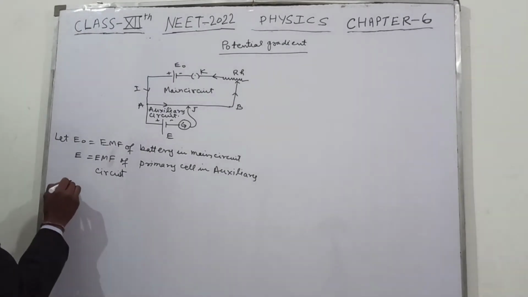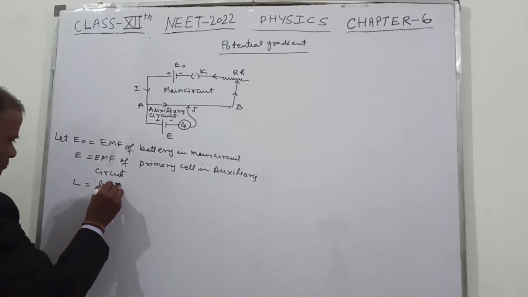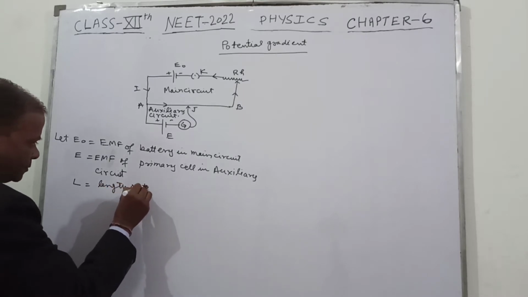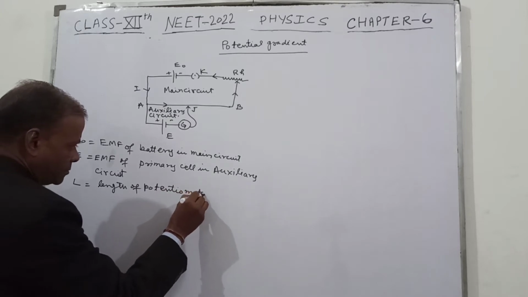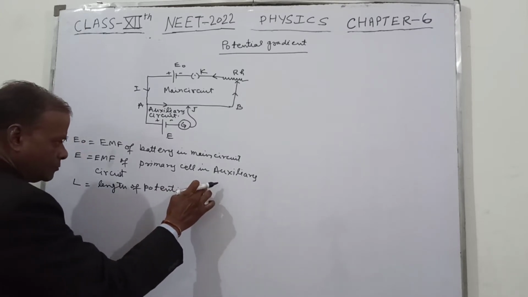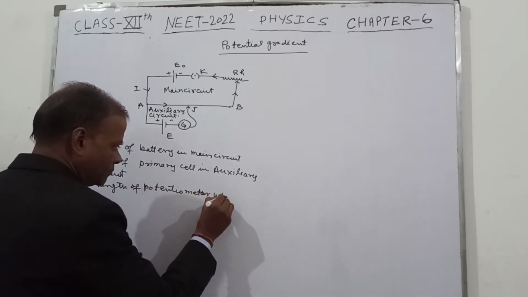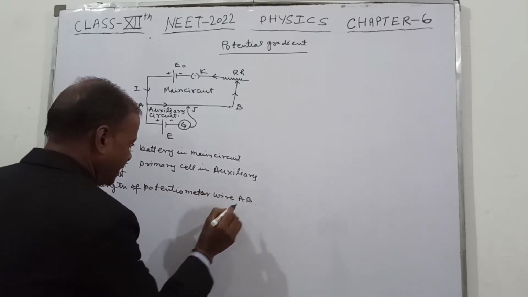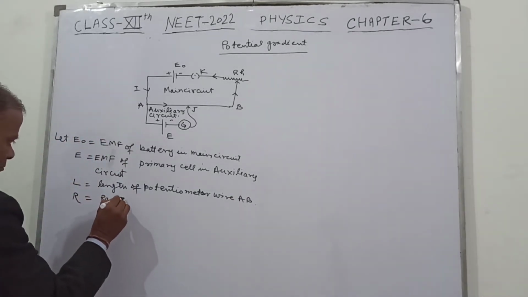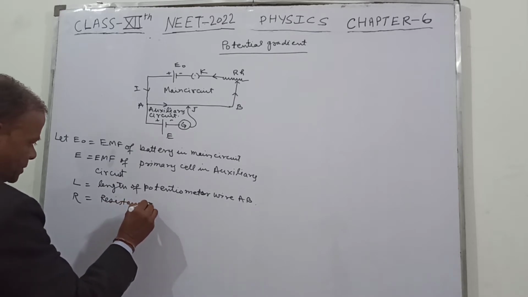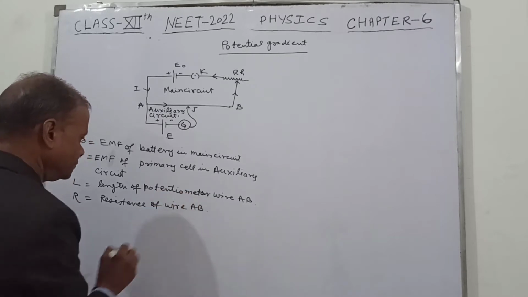And let L equal to the length of the potentiometer wire AB, R equal to the resistance of wire AB.